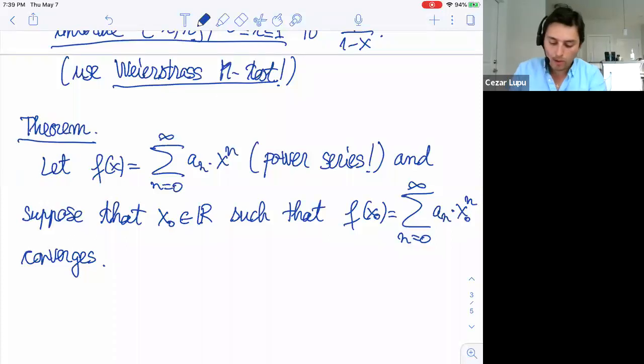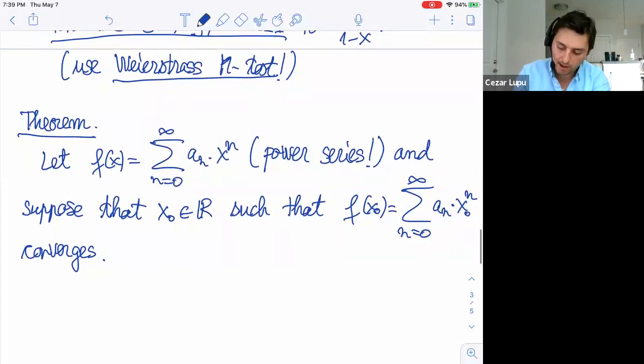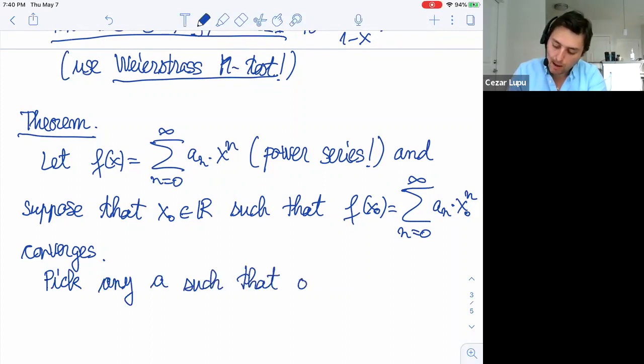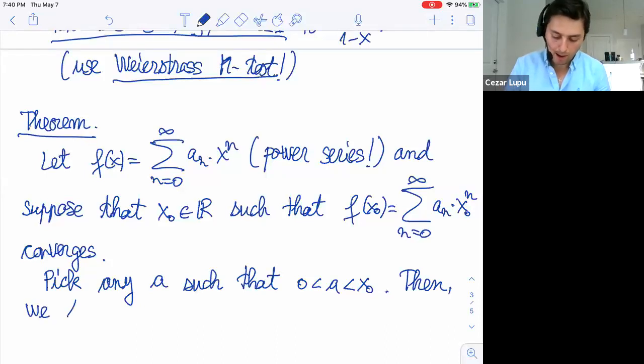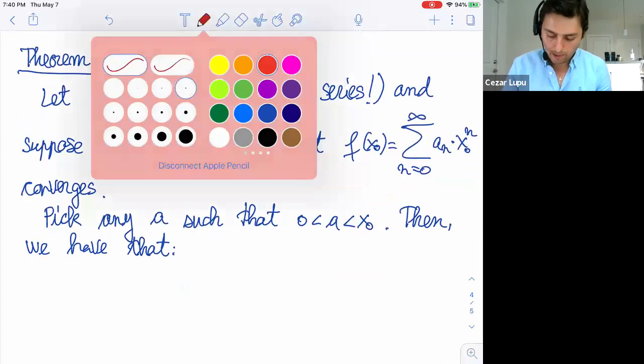Great. Now we're going to do the following. I stated it a bit differently in the last class, but we pick any number a such that a is positive but less than x naught. Then we have the following.